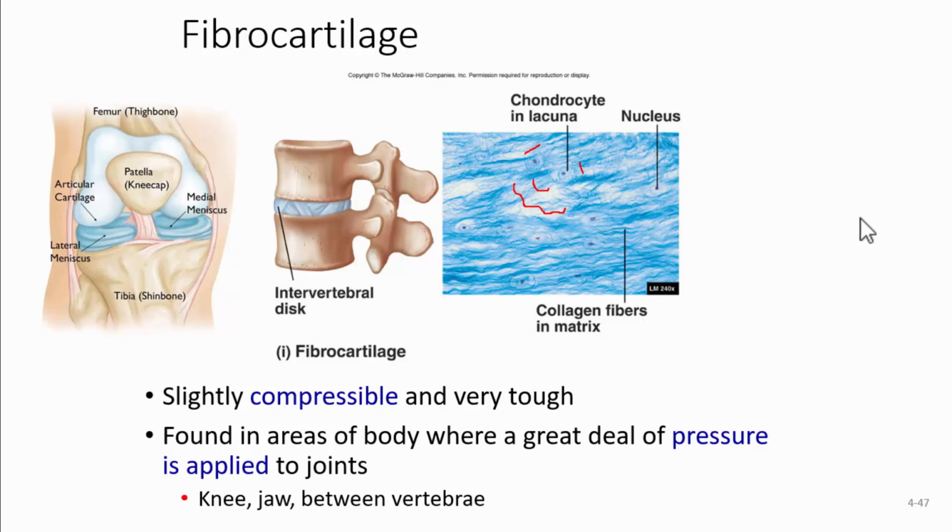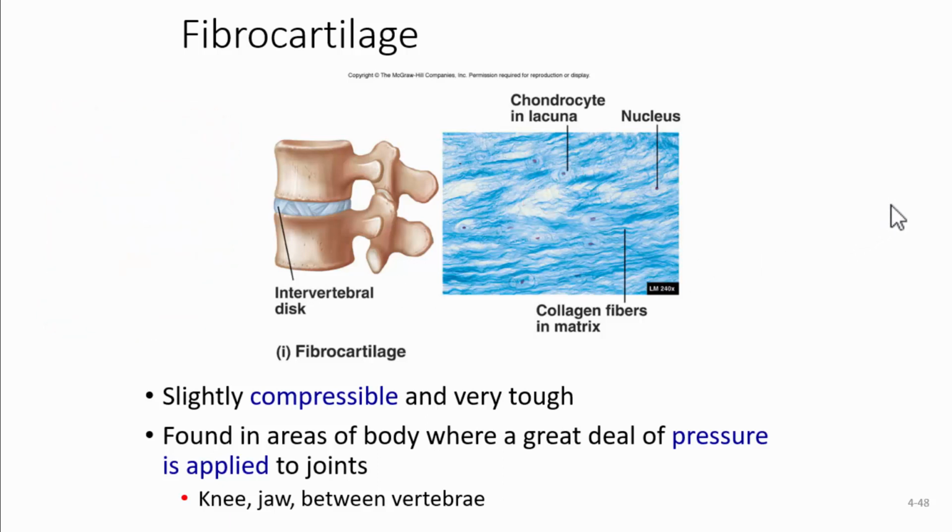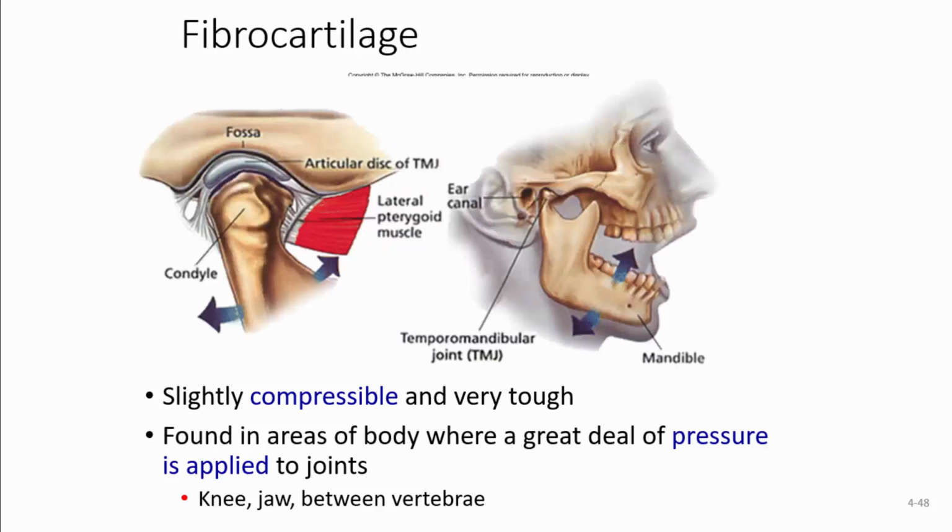And then also the jaw. You probably didn't realize that the jaw has a disc. And if we take a look, this is what we call the temporomandibular joint, or TMJ. Not TMJ syndrome, but TMJ is temporomandibular joint. We all have one of those.